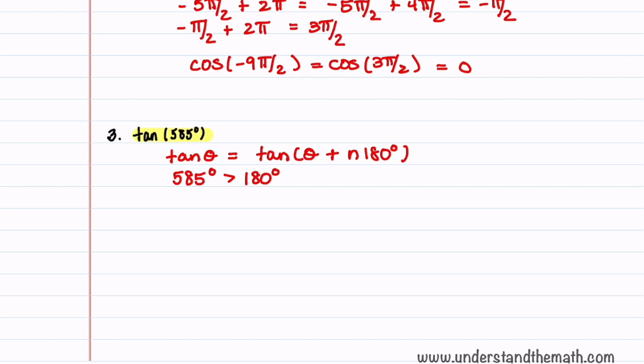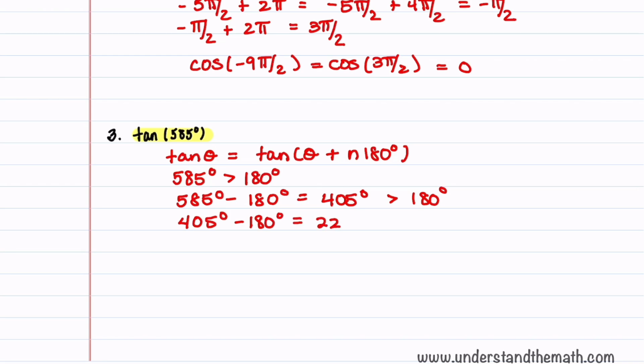Let's do that. We have 585 degrees, we subtract 180 degrees, and we get 405 degrees. That is greater than 180 degrees, so we'll do it again. 405 degrees minus 180 degrees is 225 degrees. That's still greater than 180 degrees, so we'll do it once more.